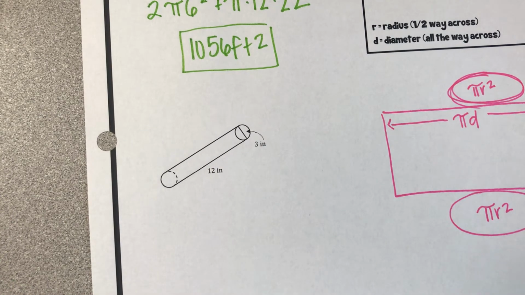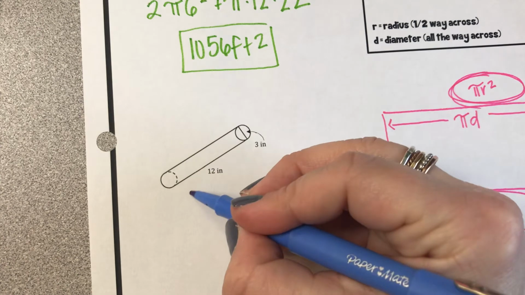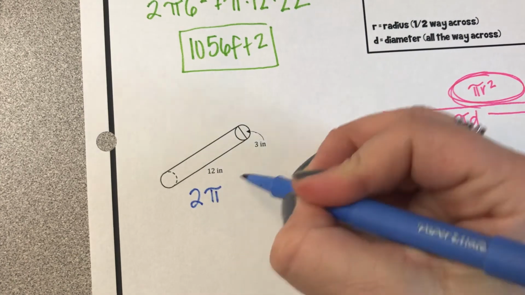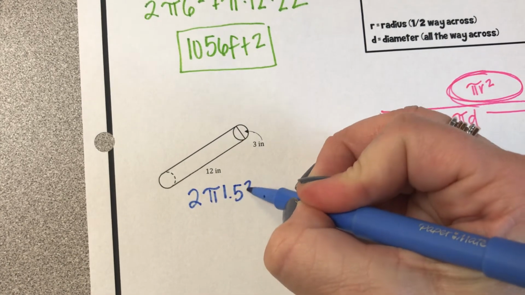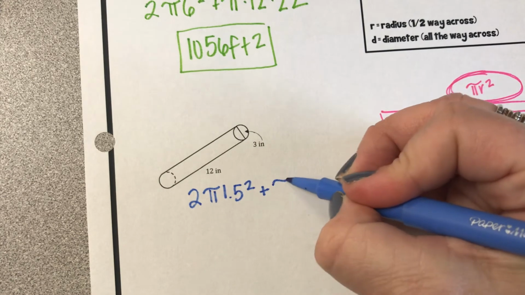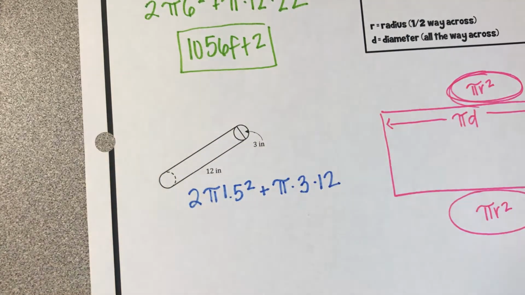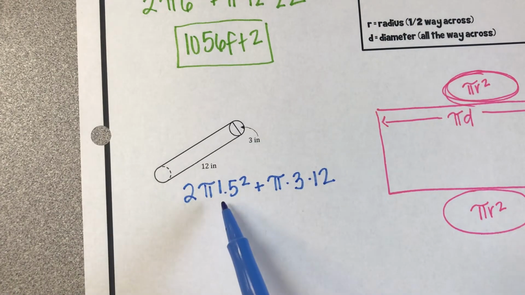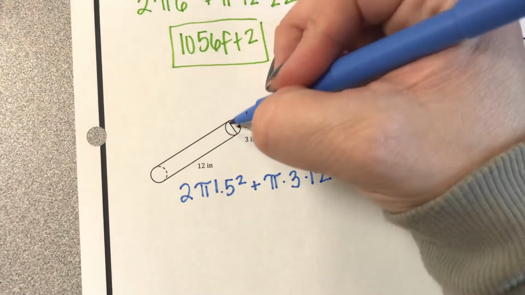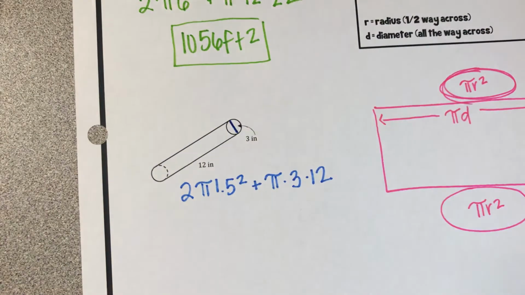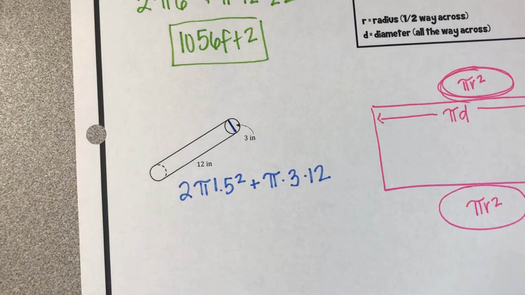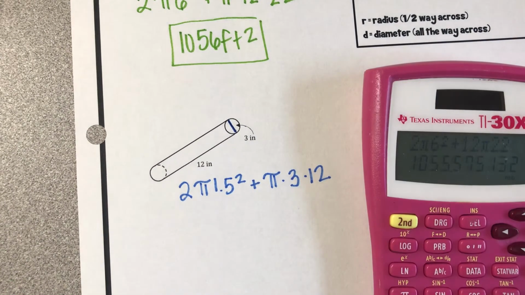Okay, let's look at this second one. So again, the formula, it's long and obnoxious, but that's okay. You're smart, you can handle it. 2 times pi times the radius squared plus pi times the diameter times the height. What you'll notice is that the radius is 1.5, because this line is going all the way across. That's telling you the diameter is 3, but that means the radius is 1.5.